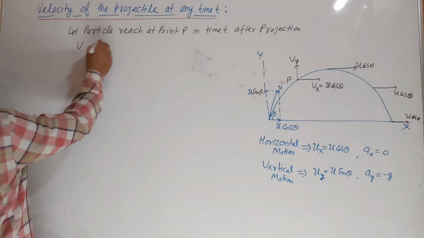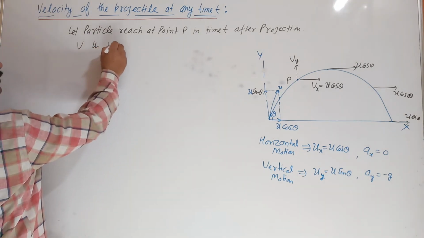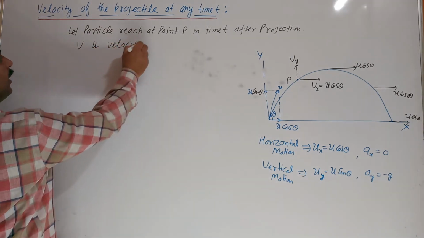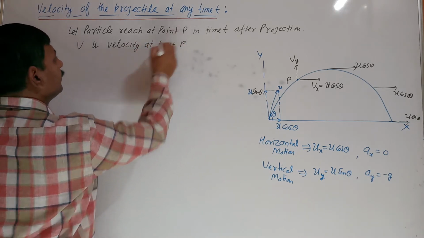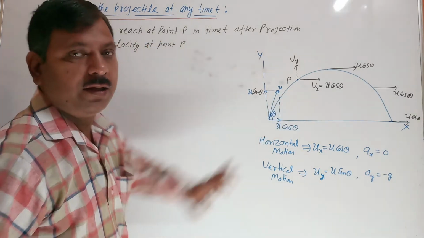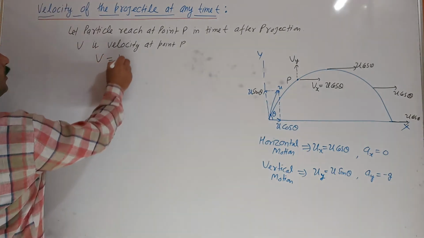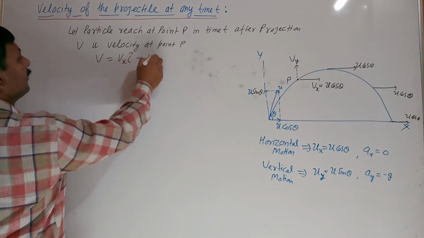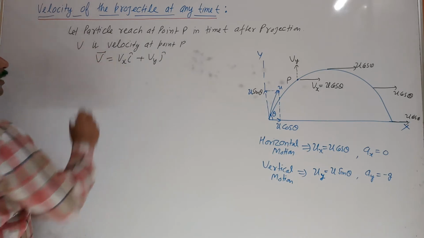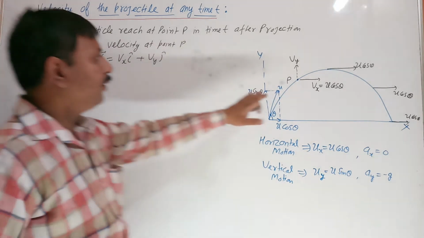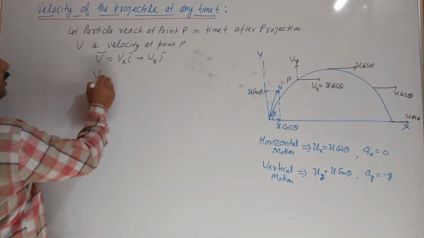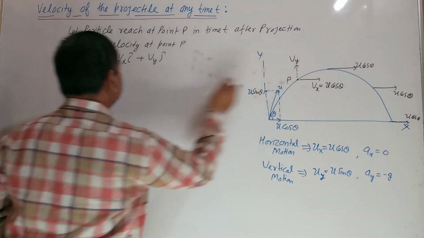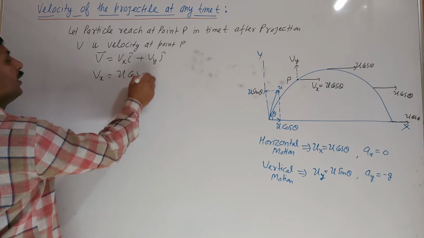V is the velocity at point P. So see here, V is equal to what? Vx i cap plus Vy j cap. Vx will be the horizontal component, Vy will be the vertical component. So the horizontal component of velocity at point P will be u cos theta.